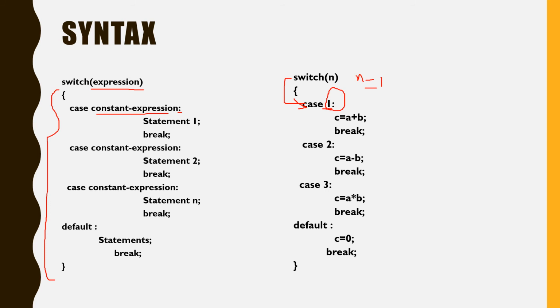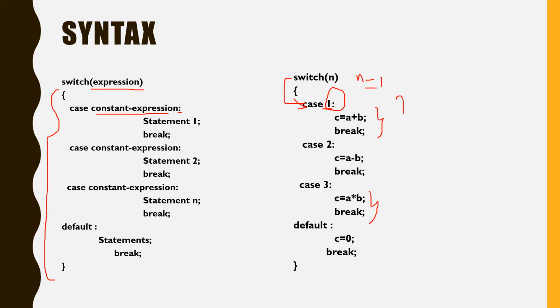If it matches, then these statements will be executed. If there is no match, then it will come to case 2. If there is a match here, then these set of statements will be executed. Else, it will check for case 3. Again it checks the condition. If it is satisfied, then these set of statements will be executed.